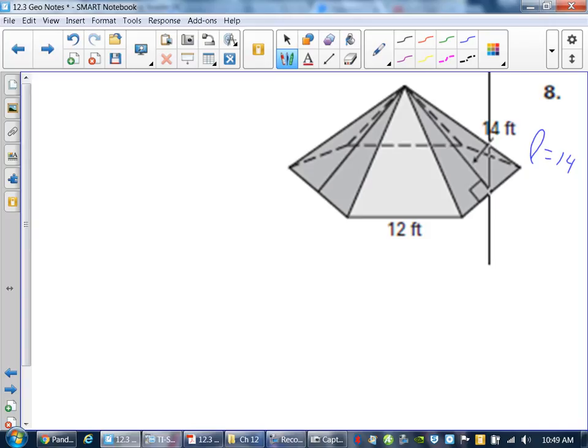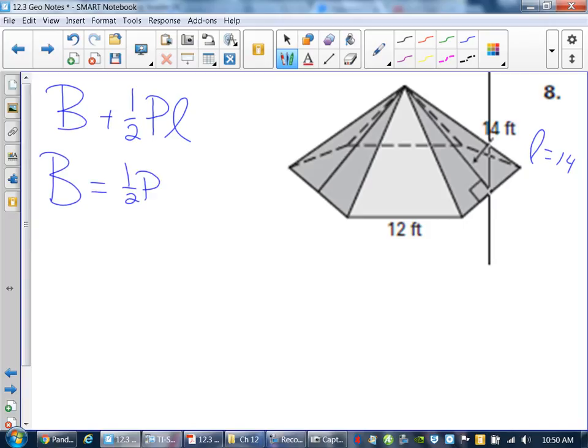Surface area of a pyramid is always the area of the base plus half the perimeter of the base times the slant height. The base here has 6 sides, which means it's a regular hexagon. So big B means it's going to be a one-half perimeter apothem problem. Whenever we did that, we did 3 sides.